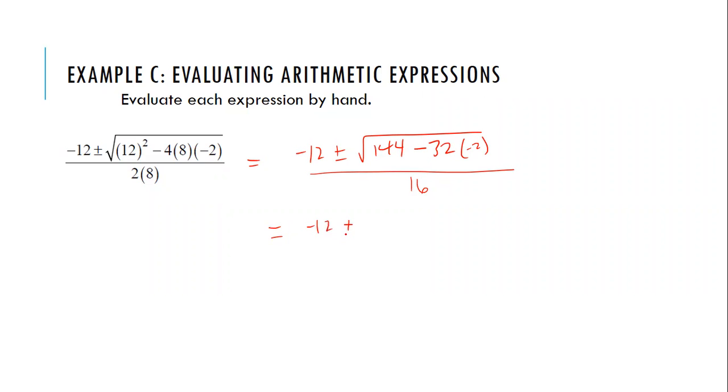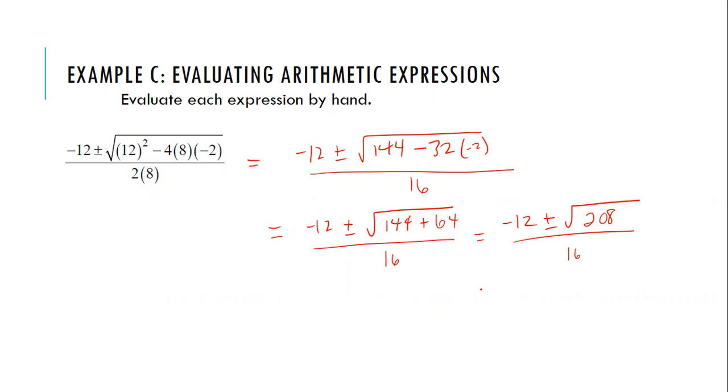You have negative 12 plus or minus the square root of 144 plus 64, divided by 16, which equals negative 12 plus or minus the square root of 208 divided by 16. Did anyone get any further than this? No? Just want to see how far your skills would take you.